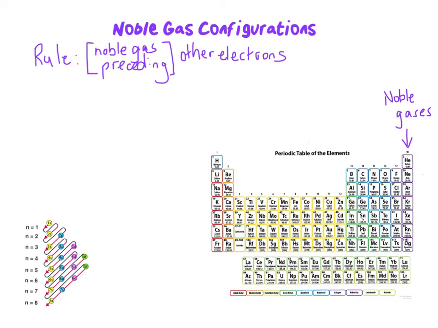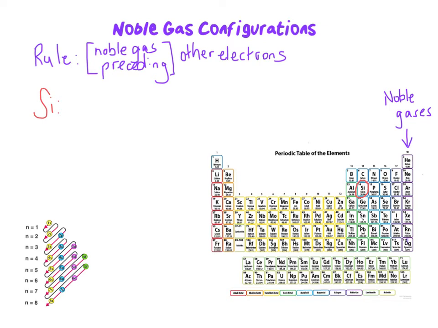So I'm going to start with silicon, which is right here, and it's number 14, which means it has 14 electrons. So I'm just going to write out the Si. And I'm going to write out the full electron configuration first, which is what we did last week, to compare what the noble gas will look like.